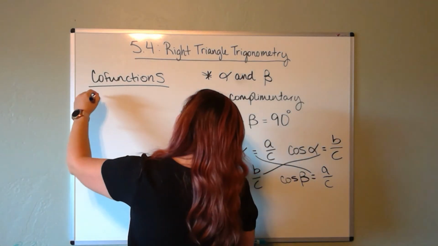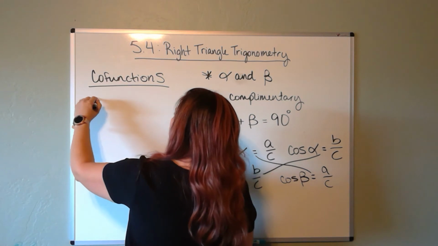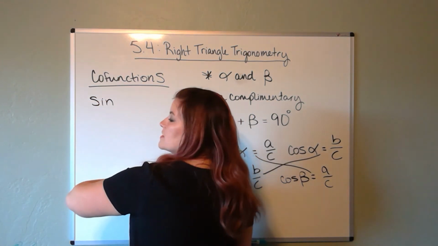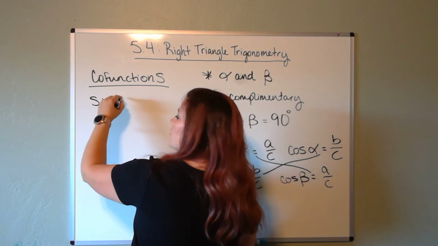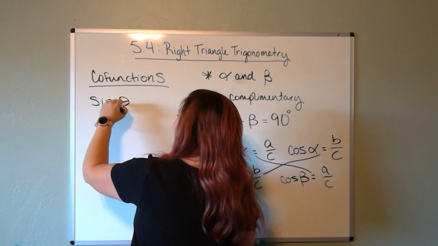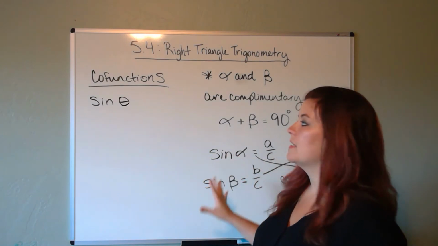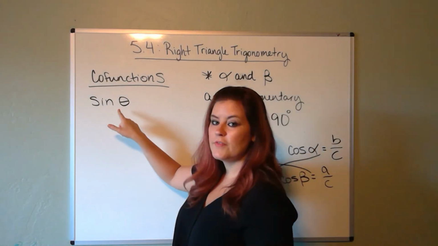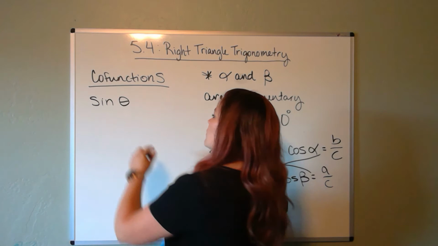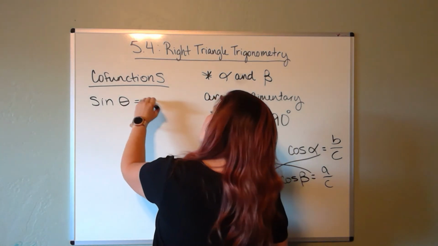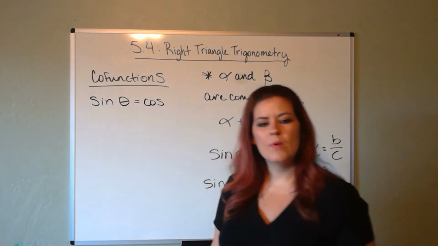Cofunctions are pairings of trig functions. So here's what we just found. I'm going to call it theta again, for any angle, not just the angle in that specific triangle we made. The sine of theta is always going to be equal to the cosine of what?